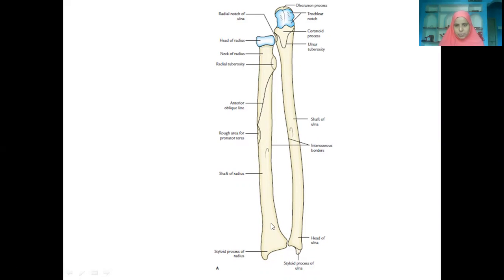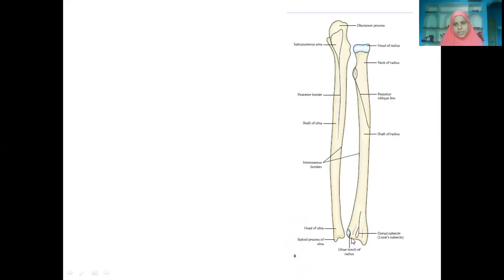One surface which you can see from the front is the anterior surface. The other surface which you see from behind is the posterior surface. The one which is towards the midline is the medial surface, and the one which is away from the midline is the lateral surface. And one surface which you will see from lower down will be the inferior surface.